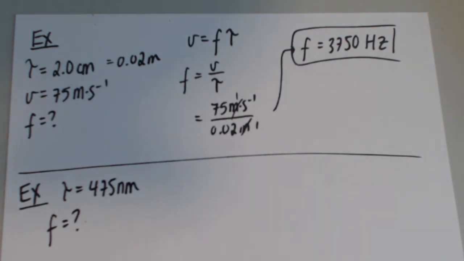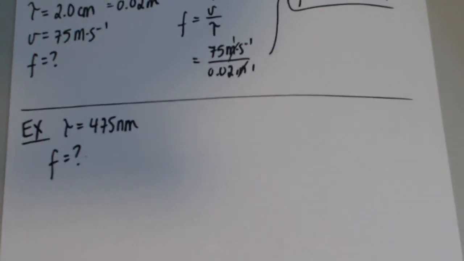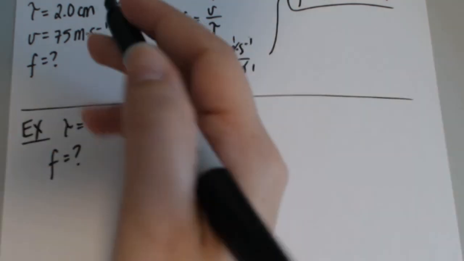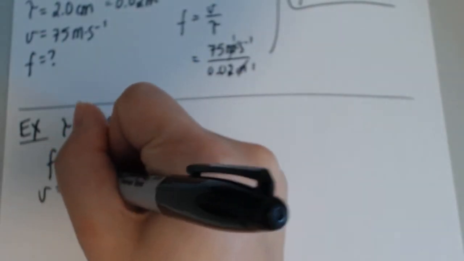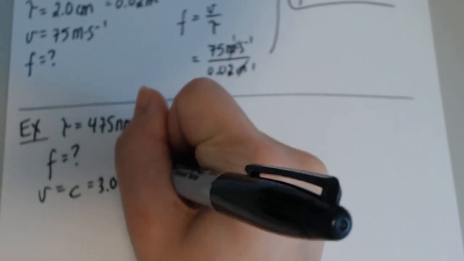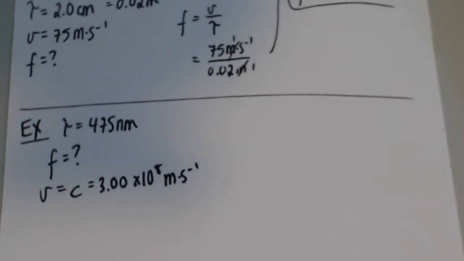At first glance, it looks like not enough information has been given, but we actually have been given enough. Just like in a projectile motion question, you won't be told that the acceleration due to gravity is 9.81, but you know that you have to include that for the y direction. Here, you're not told that the speed of the wave is c, and that is 3.00 times 10 to the 8 meters per second.